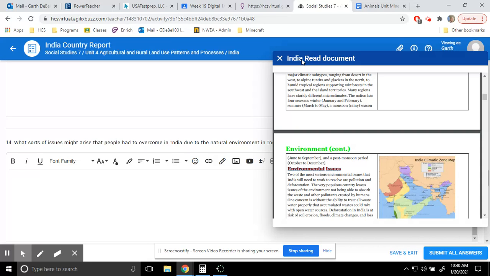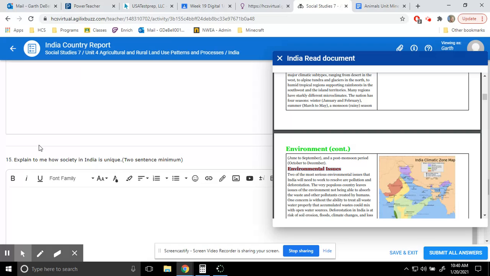You have not as much land that you can cultivate. It's harder to get around because it's not flat. Oftentimes you have to go around mountains because you can't really go through them. So these are all different issues that people would have to deal with. If they live down on a river and the monsoon season comes in, well, it causes flooding. That's something they might have to deal with.